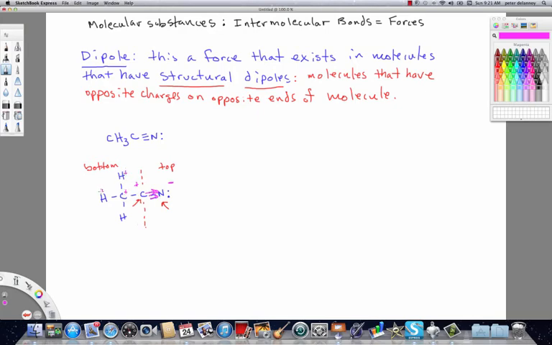And the bottom line is we have opposite charges on opposite ends of the molecule.